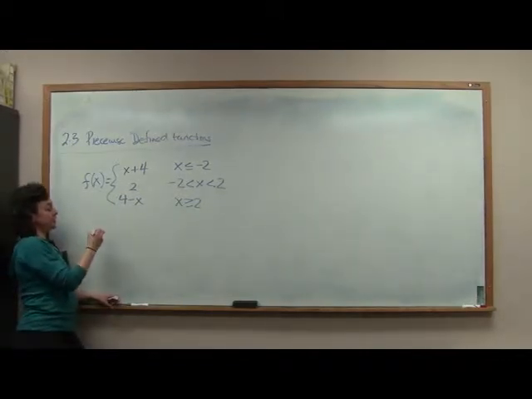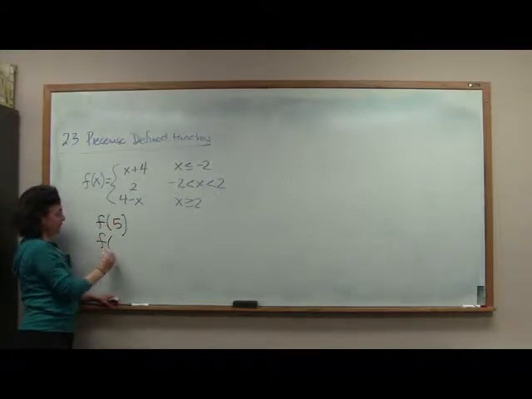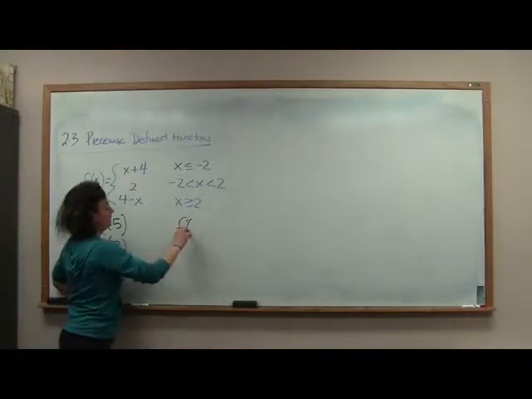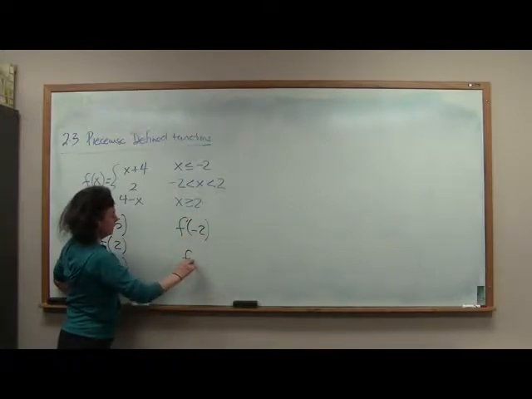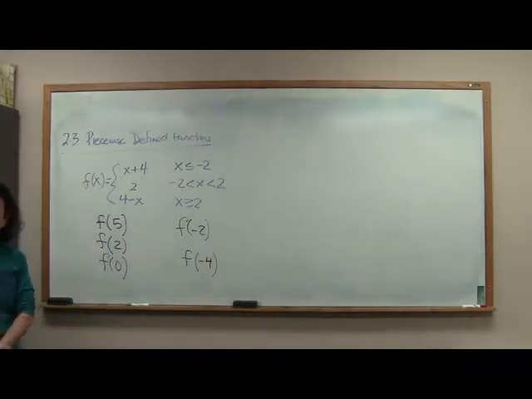What if I wanted us, say, to find the values of f of 5, f of 2, f of 0, f of -2, and f of -4. I think that's sufficient. Okay?